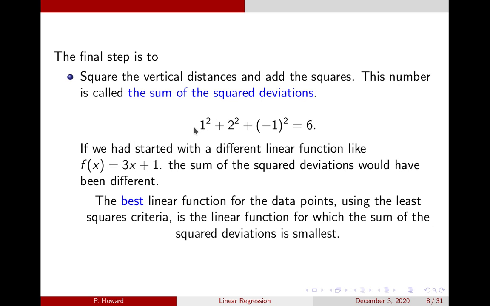So here in this displayed line, we calculated the sum of the squared deviations for our linear function f of x equals 2x minus 1 and got 6. What we are looking for is the best linear function according to this measure. There is probably a linear function for which the sum of the squared deviations is smaller.